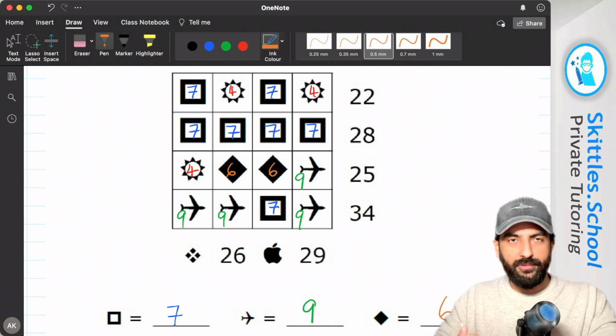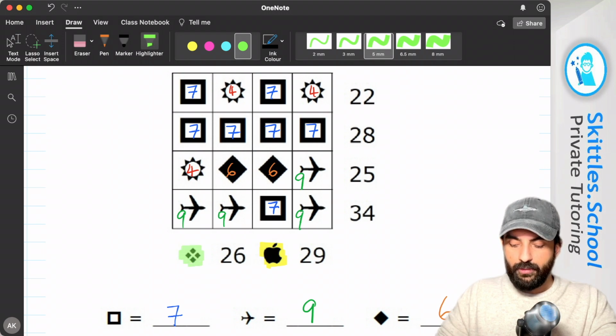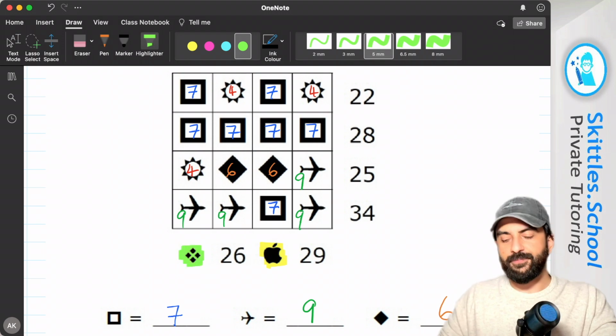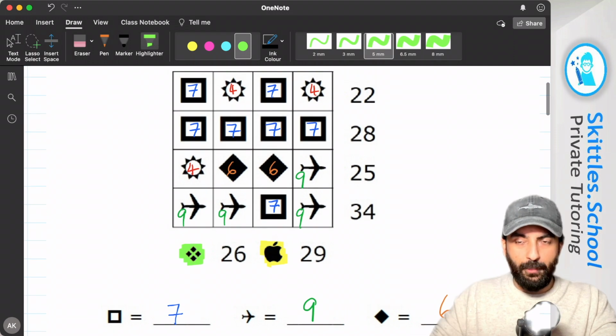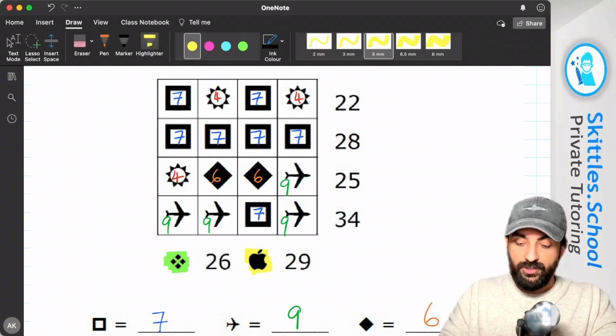So now we've got all of those filled in, but there's 2 more symbols. There's the Apple logo, and there is also what I'm calling a star. So let's start with the Apple logo. So we know the Apple logo is the total for that column going downwards. So it's all of this column here added together.